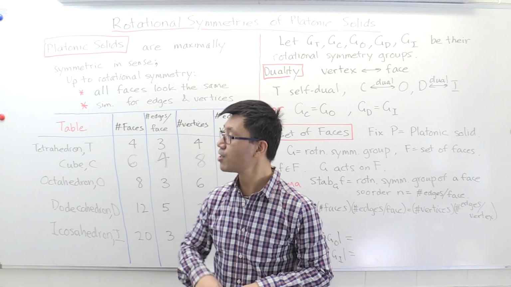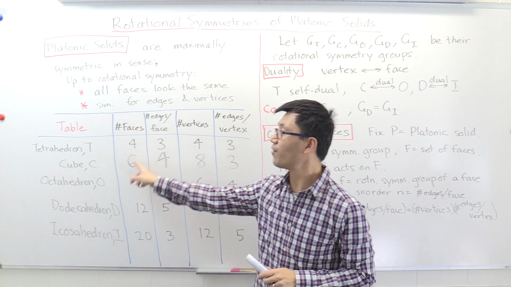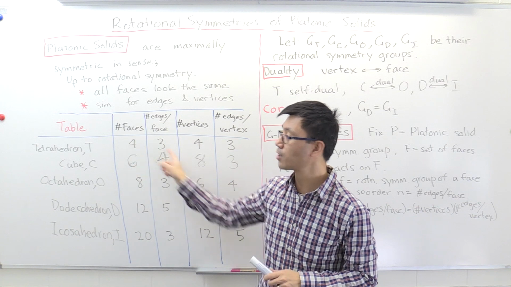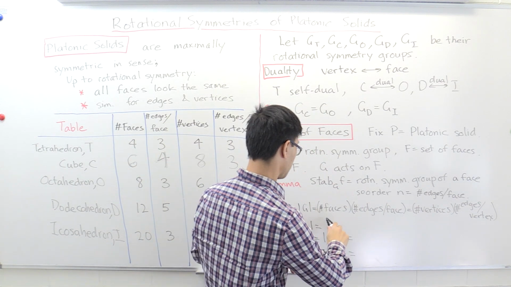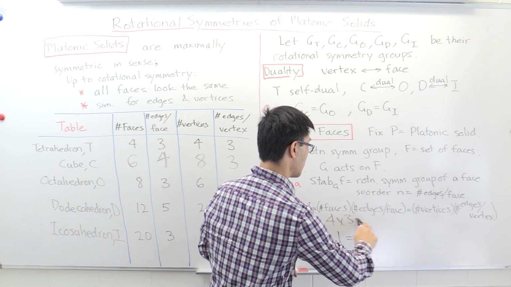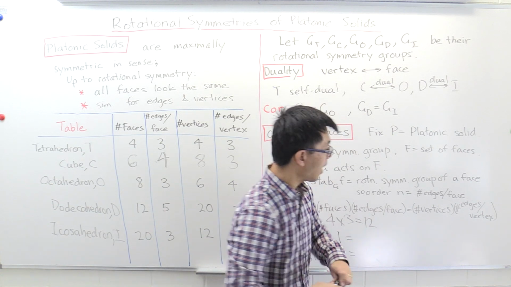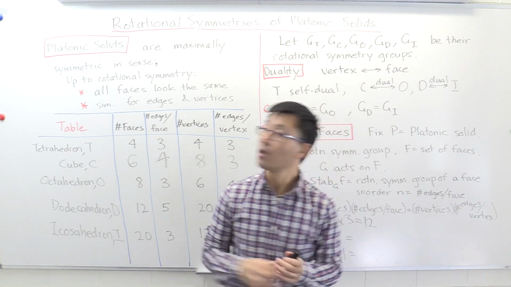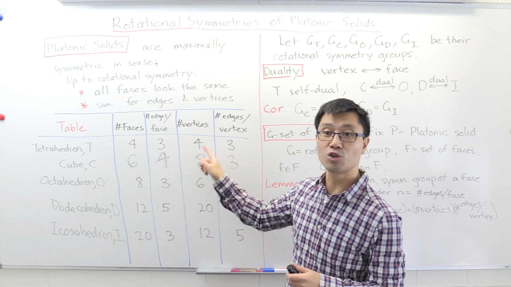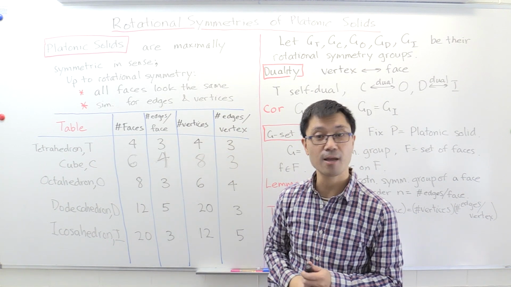So let's go through the orders of all these three rotational symmetry groups. For the tetrahedron, you can do the number of faces times the number of edges per face. That's 4 times 3, so that's 12. And the other product is in these two columns, 4 times 3, so that's the same.